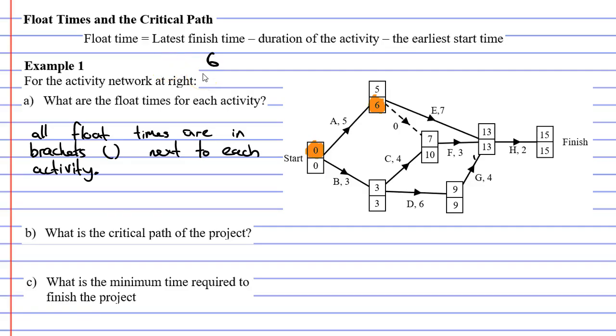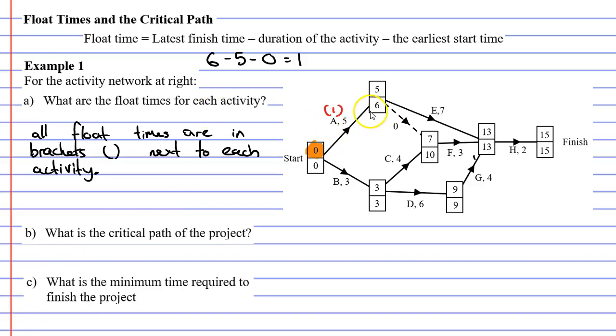So we're going 6 minus 5 minus 0, which equals 1. So we have a float time of 1 for activity A. Now, for convenience sake, let's just say that this is 1 hour. So activity A can be delayed for only 1 hour.